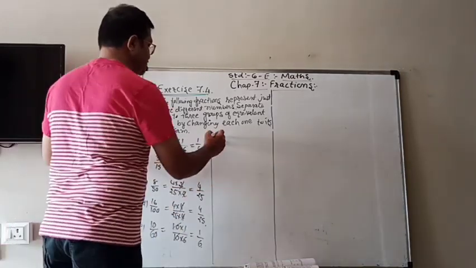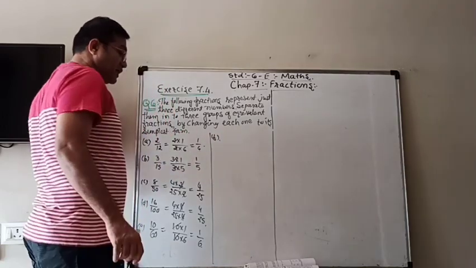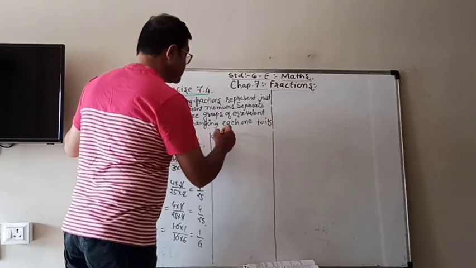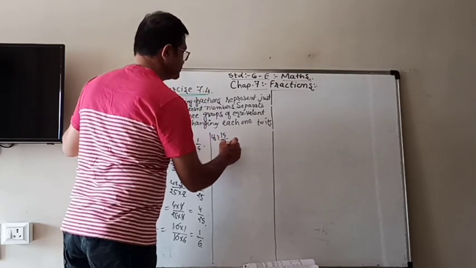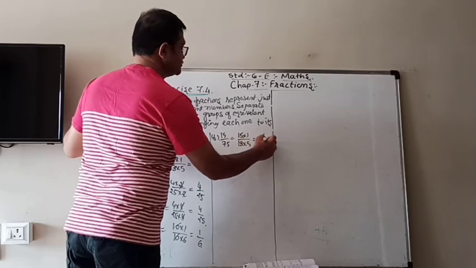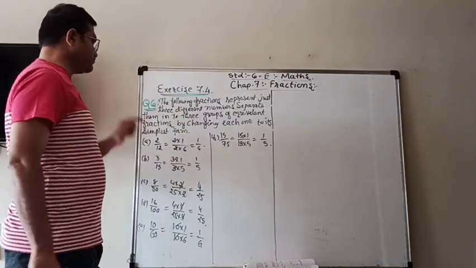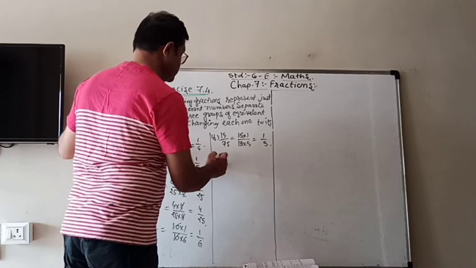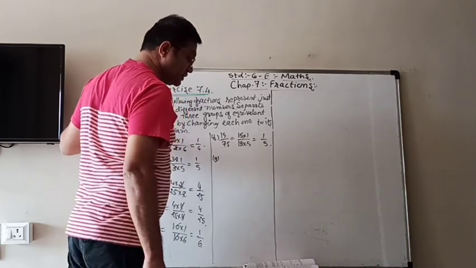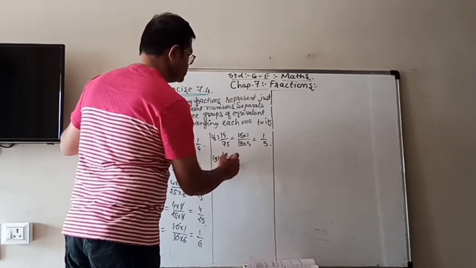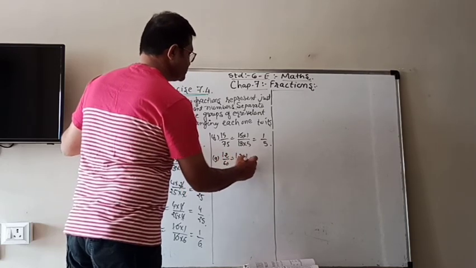Let's take F. In F it is 15 upon 75. 15 ones are 15, 15 5s are 75. So its simplest form is 1 upon 5, which will come with this one. Then G. In G it is 12 upon 60. So 12 5s are 60, we know that.